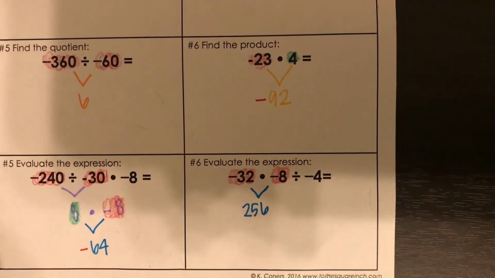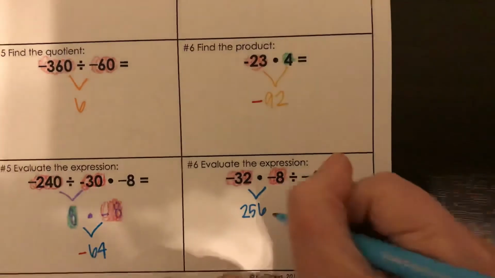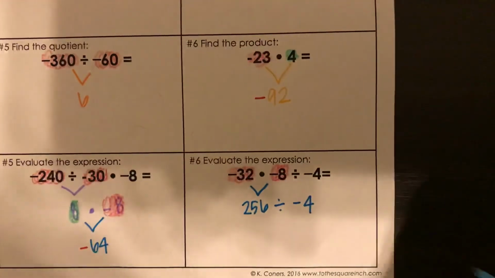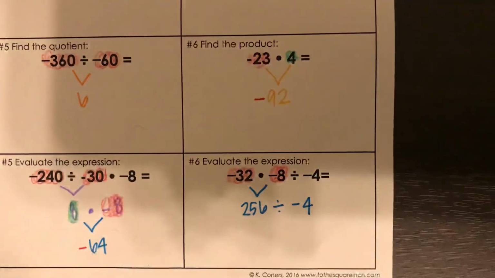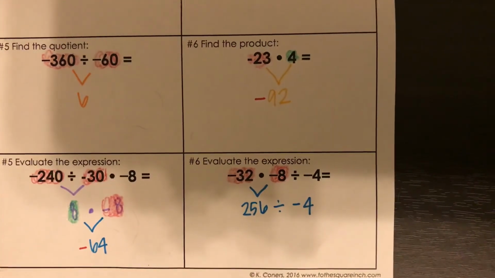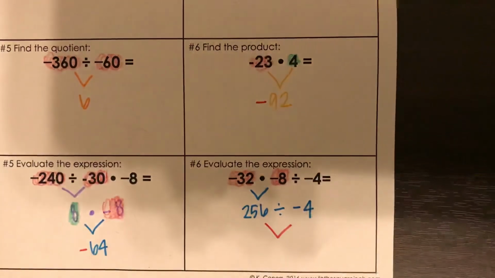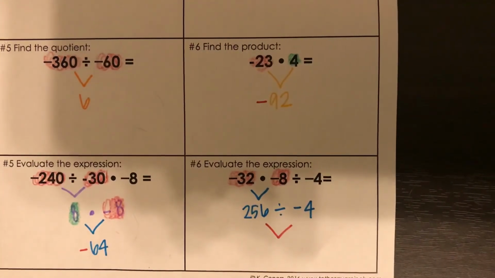To continue this problem, I'm going to need to bring down this divide by negative 4. When we do that, we have 256 divided by negative 4.